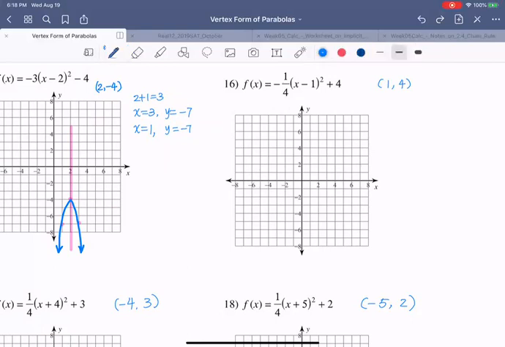Now, the vertex for this one is (1, 4), right? So Angela, you move 1 to the right. When x equals 2, you tell me y equals how much? Calculate carefully.